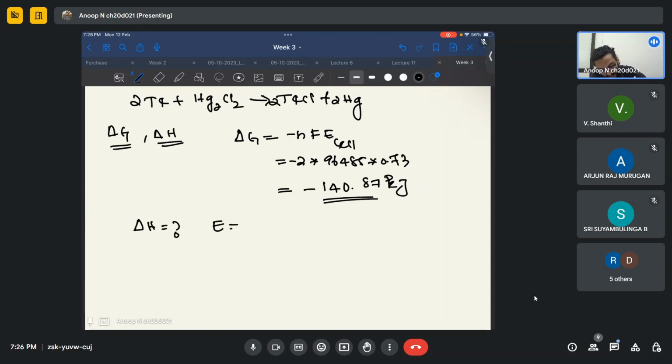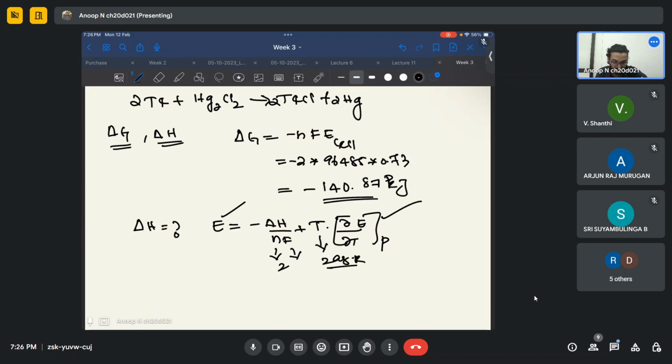We have already written E is equal to minus delta H by nF plus T into dou E by dou T at constant P. All the values are known: dou E by dou T at P is known, E is known, n is 2, F is known, and T you can write as 298 Kelvin. So what is delta H?